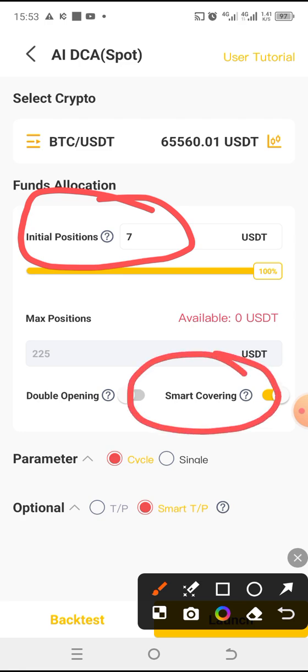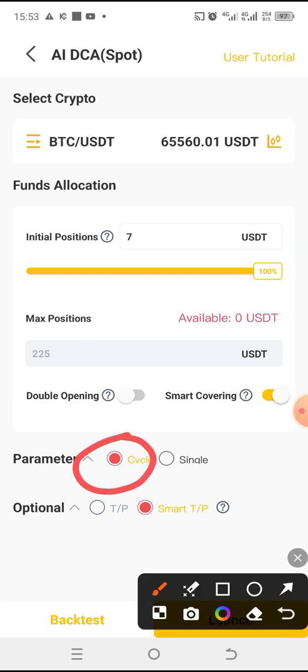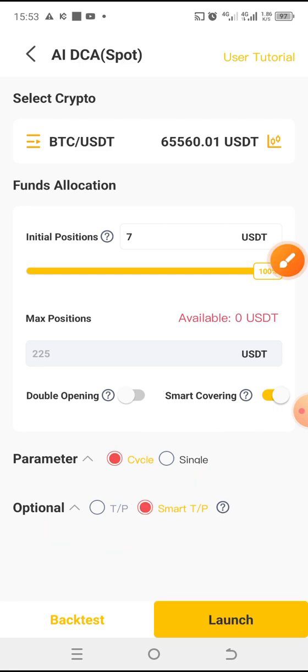You can add smart covering. You can add double opening. You can decide to run a cycle or to run single trades, and you can also decide to make smart take profit, or you just do take profit. Apart from these few things I mentioned, you can hardly change anything.